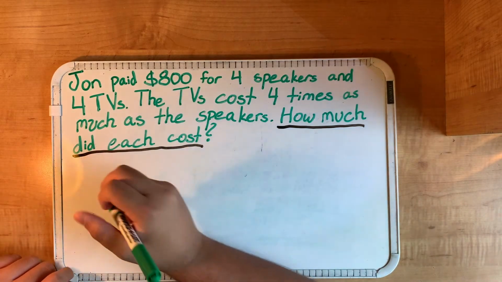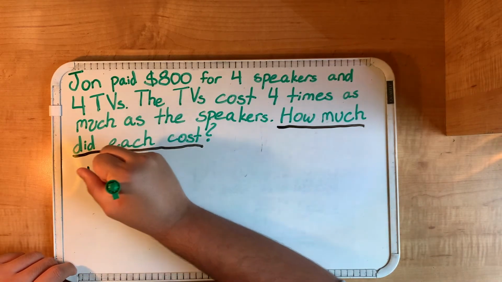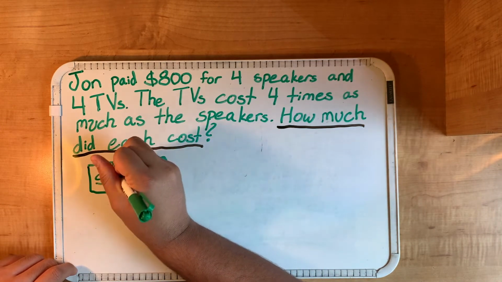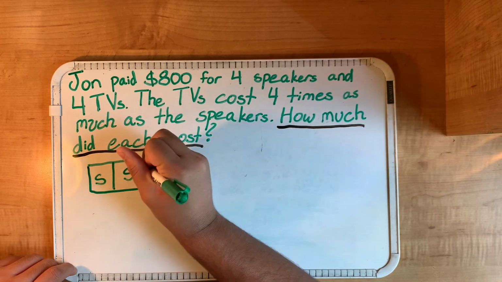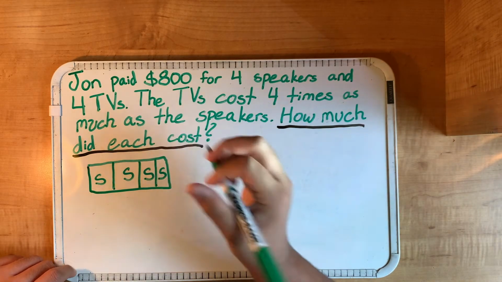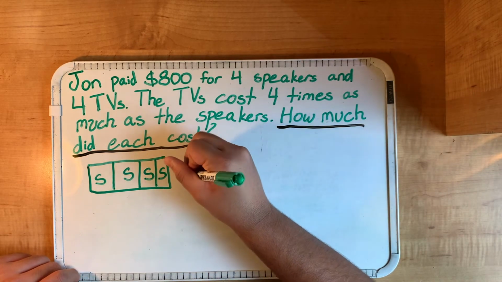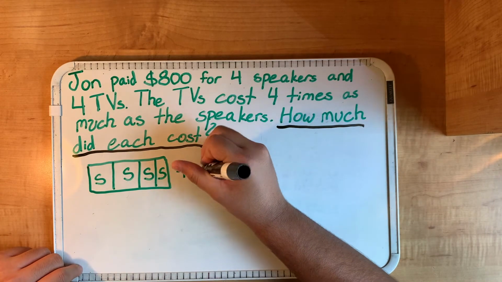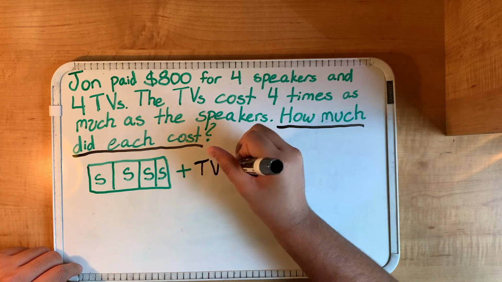So we have 4 speakers, so I'm just going to draw it like this in a box. Speaker number 1, speaker number 2, speaker number 3, and speaker number 4, plus 4 TVs.